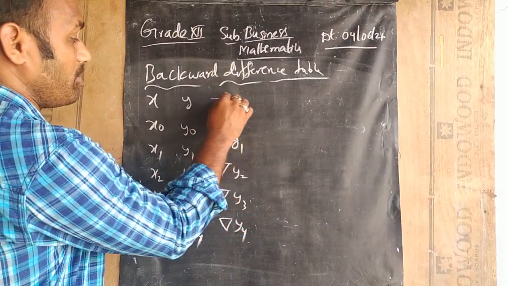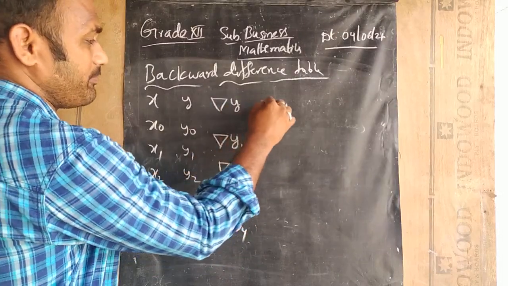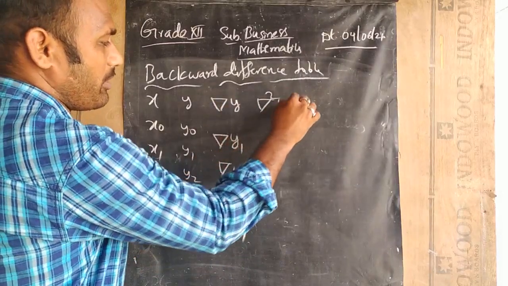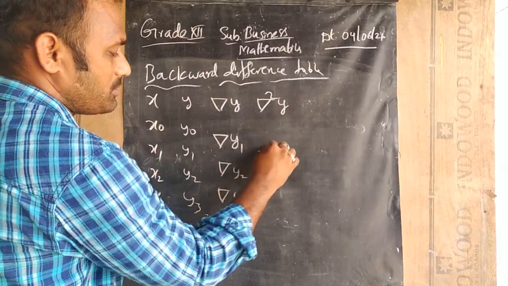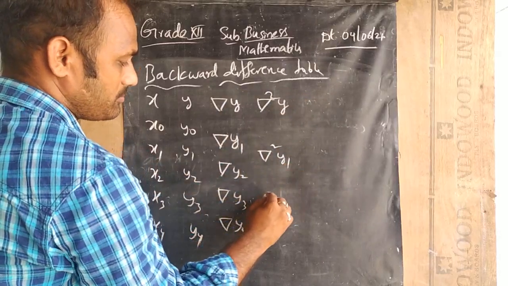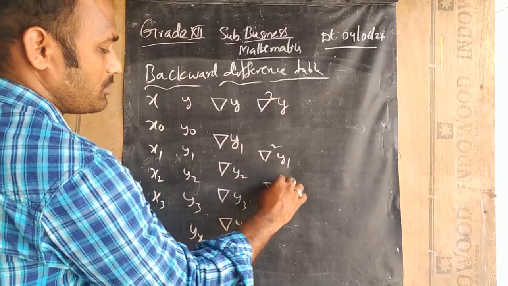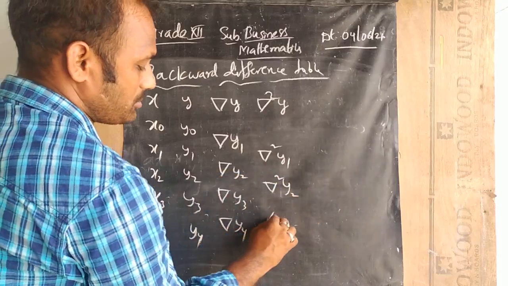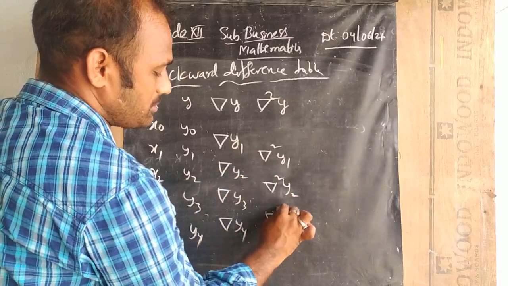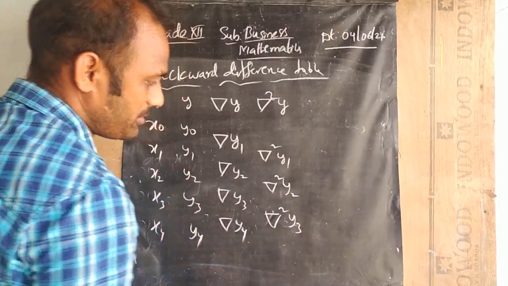Next reverse delta square y: square y1, square y2, square y3.